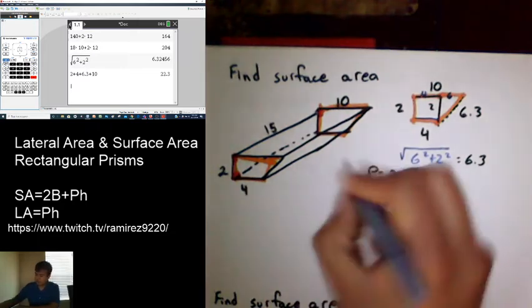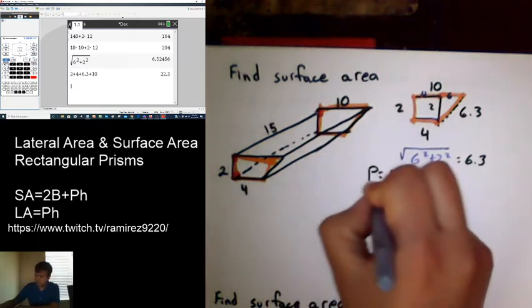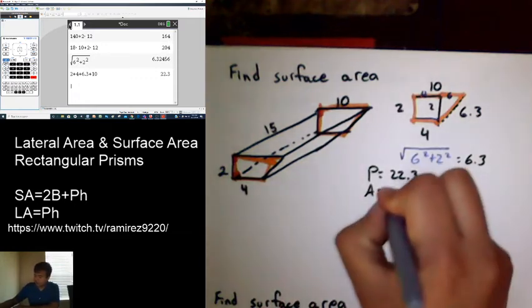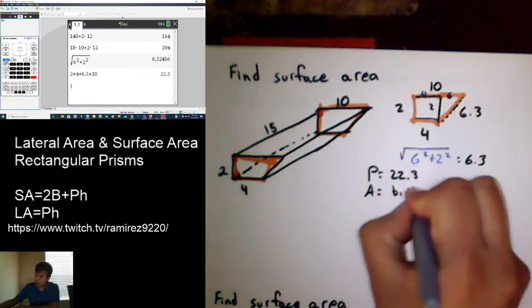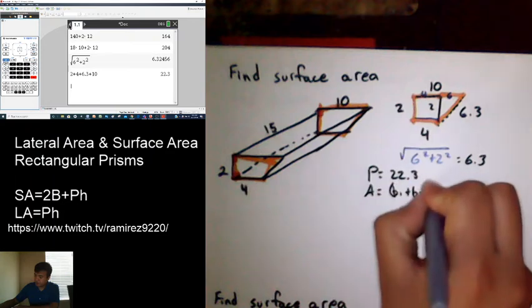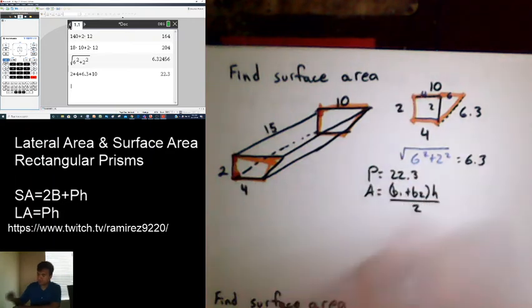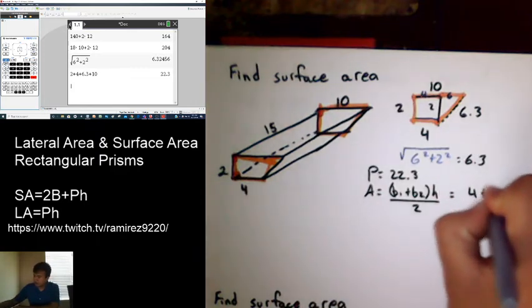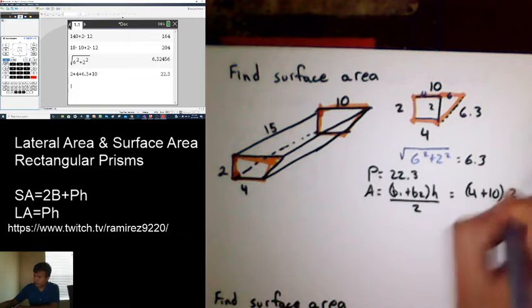The area of my base, well, remember that area can be calculated, since it's a trapezoid, as b1 plus b2 times the height divided by 2. Our bases are 4 and 10. Our height is 2.